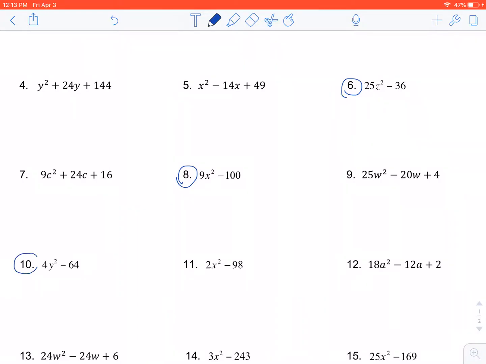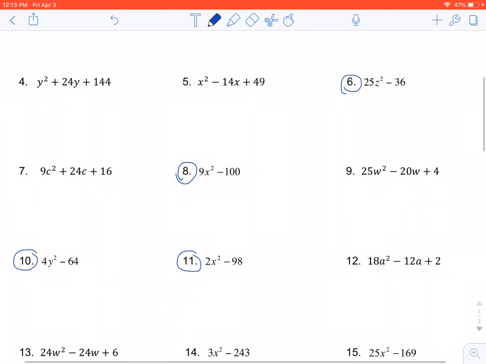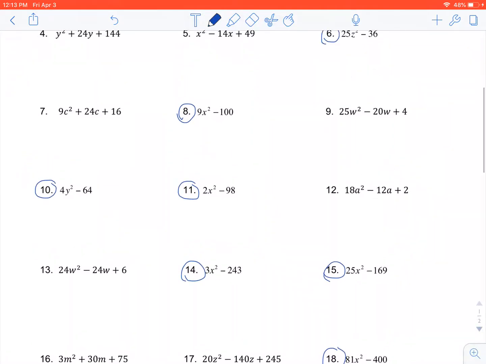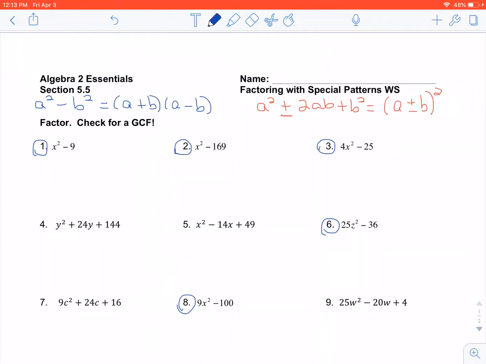Looking at 10, 11, 14, and 15, 18, all of them are two terms. So in blue, I have them circled because I'm going to factor those with the pattern of two terms.